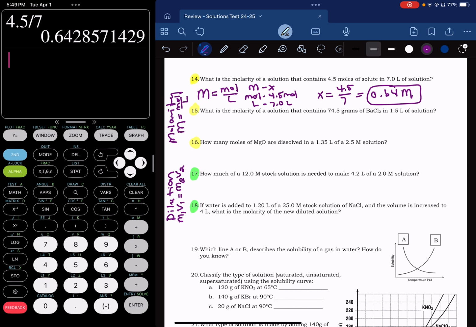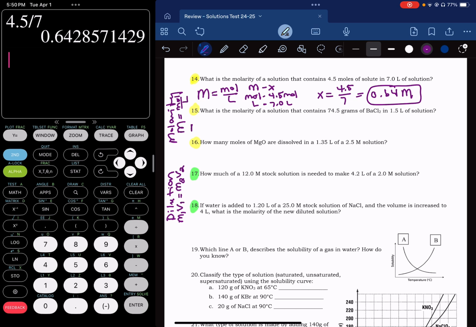The next one says, what is the molarity of a solution that contains grams? It says 74.5 grams of barium chloride and 1.5 liters of solution. Well, crud. Grams just means that we have to go that extra step to calculate the molar mass of barium chloride, because the only way that we can get to moles from grams is by using the molar mass.